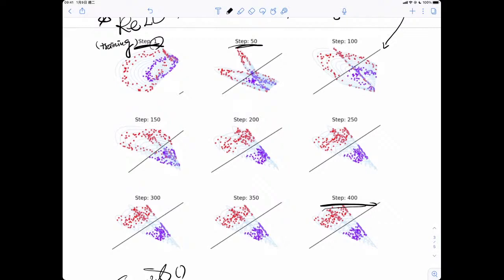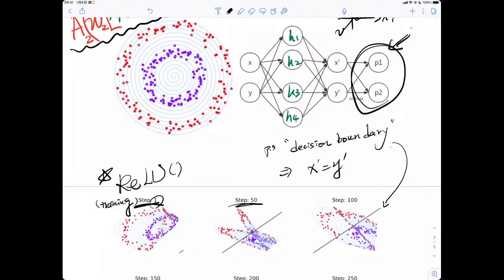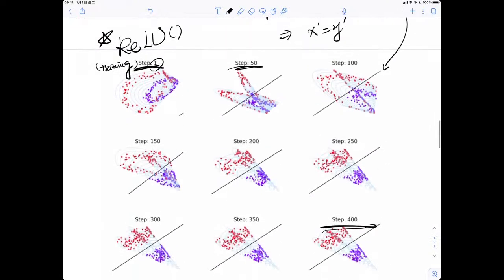Basically, the idea is that the Y right here is what we like to use to distinguish red points and purple points. So your neural network, your weights, will help us transform the original data so that we can easily partition red data and purple data.